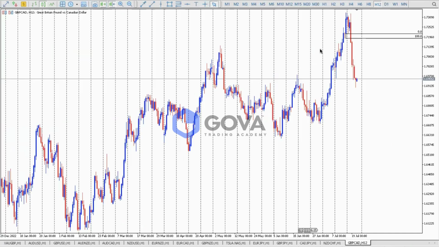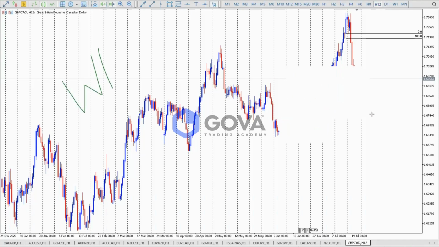All right, so let us assume that this is the weekly time frame, the W1 time frame. Just because you see a rally based drop around here, does it mean you should be selling?